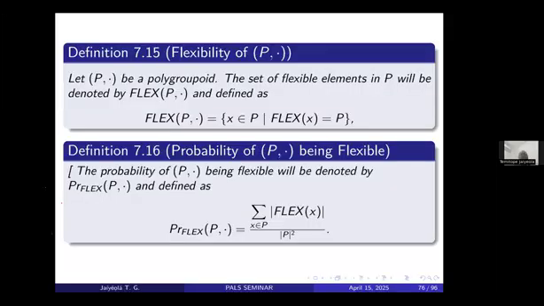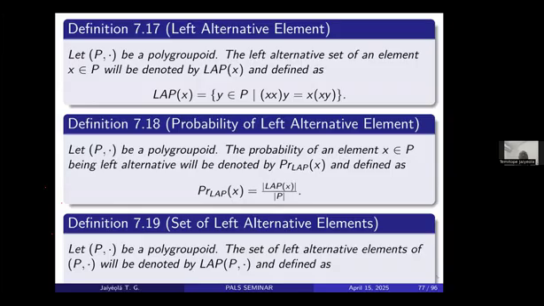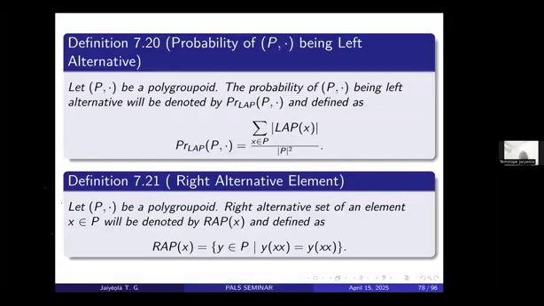Also we introduce left alternative elements, the LAP of an element x in a polygroupoid, as well as the probability of an element being LAP, as well as the polygroupoid itself, definition 7.19, being LAP itself.